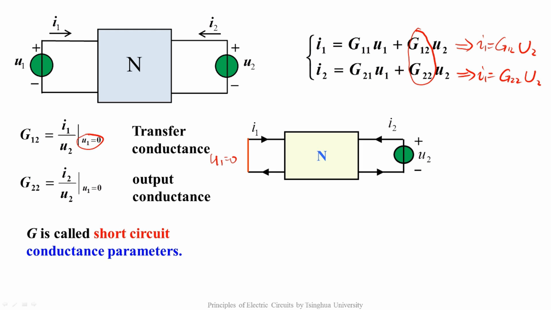You may think that, can we measure the G parameters of any two-port networks by letting the port be short? In fact, we cannot.